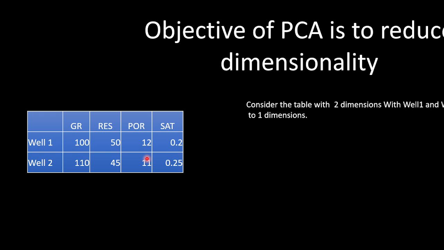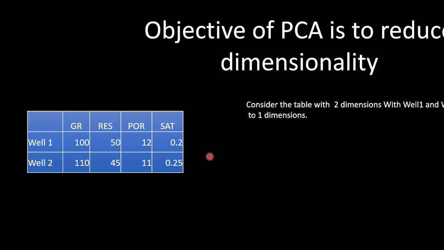Then we estimate the distance between these points and the reference plane. This is what principal component analysis is all about: reducing the dimensions. You construct a hyperplane which falls in between the points, so that we can distinguish certain points with reference to the hyperplane.